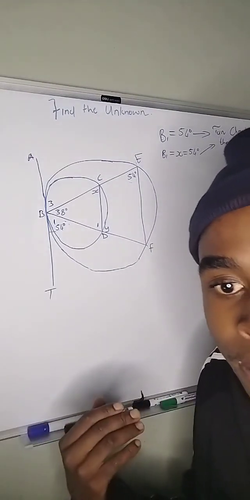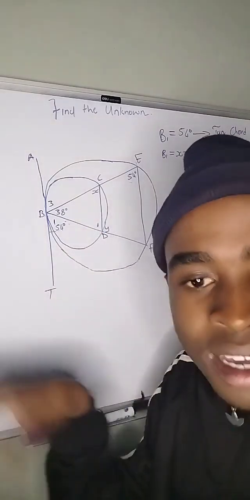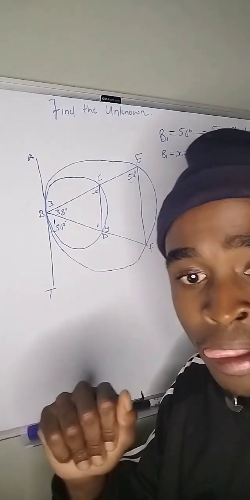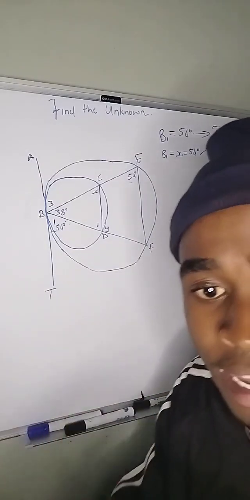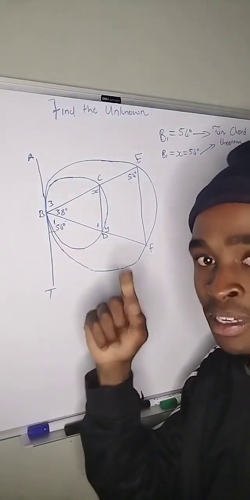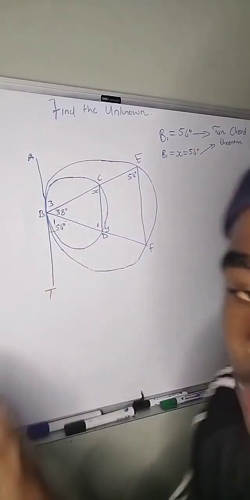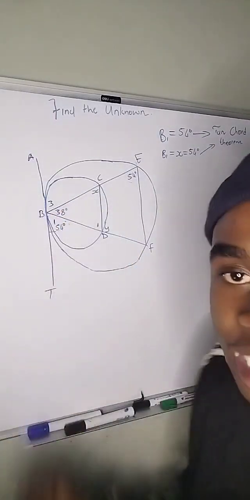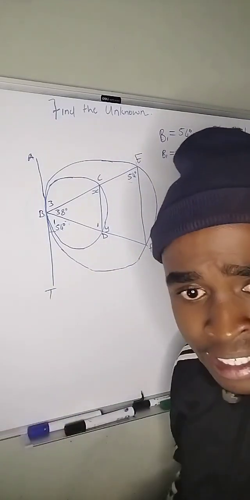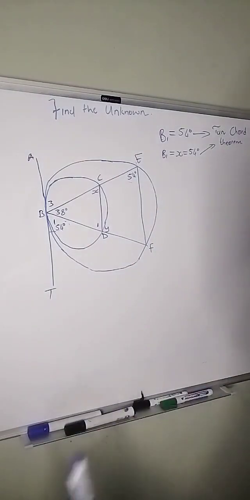Some people will just use the angles in the triangle that are supplementary. Then later on they will use the straight line, ne? And I don't think it is advisable to find that B3. I wrote it on purpose, but for your own information, you can just find B3 for your own practice, ne? So B1 is 54.